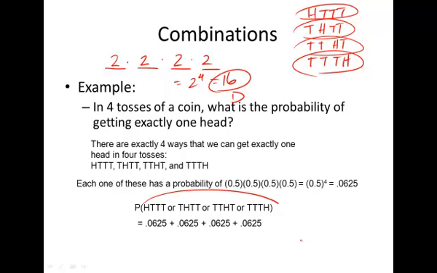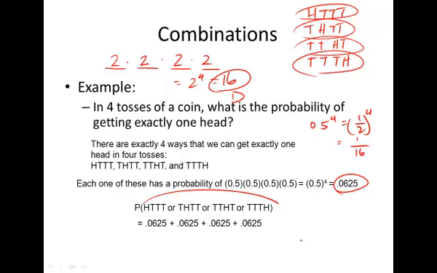So 0.5 to the 4th is 0.0625. And if we add those 4 numbers together, remember that 0.5 to the 4th is the same as saying 1/2 to the 4th, which is the same as 1 over 16.